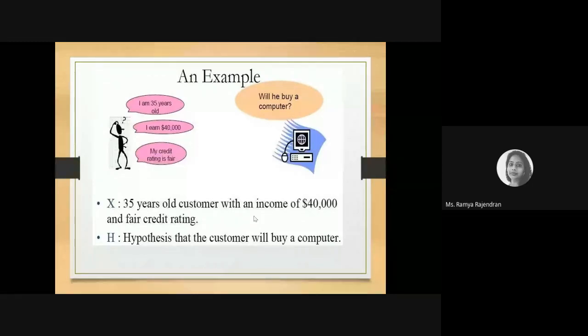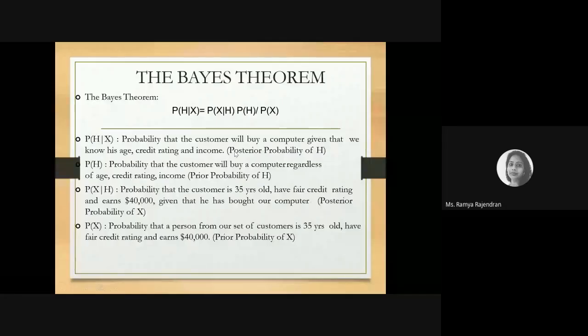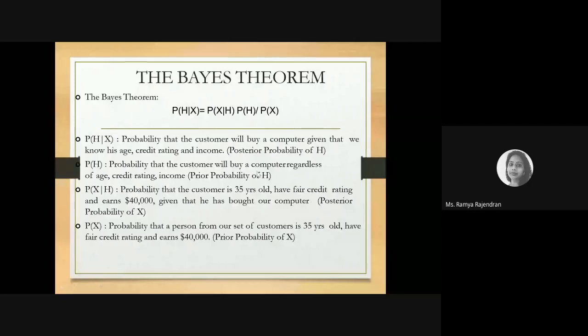Let's see how we are going to apply this example and the formula together. According to this, we have the occurrence of this hypothesis given X. We have the prior probability of H, which is the probability that the customer will buy a computer regardless of whether he is of a certain age, or has a good credit rating or income. I'm not looking at any of the other categories.